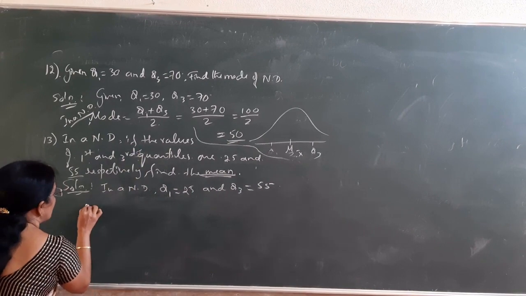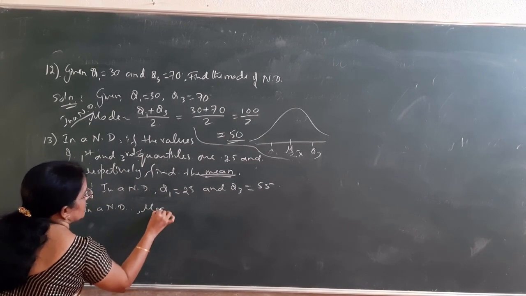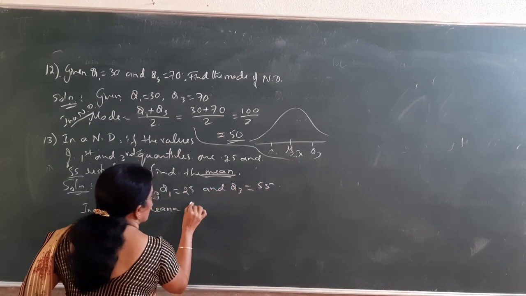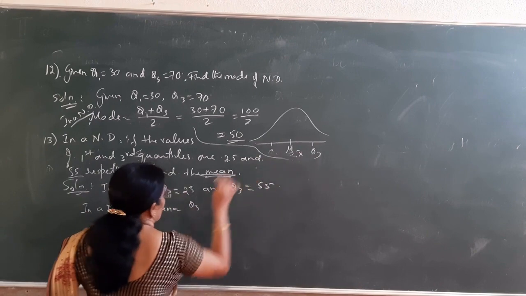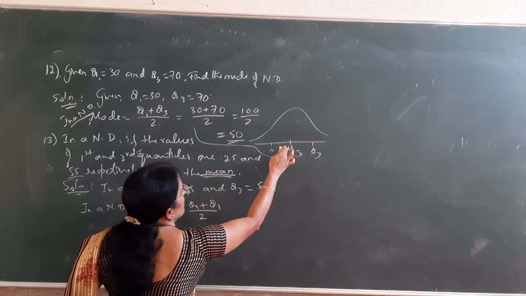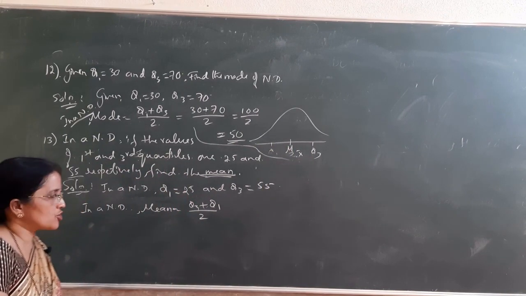As I told earlier, in a normal distribution, mean equals Q3 plus Q1 divided by 2, because it is the middlemost point of Q1 and Q3, right?